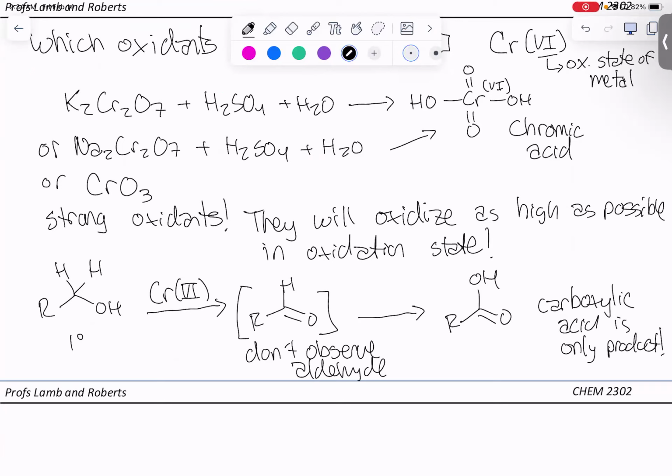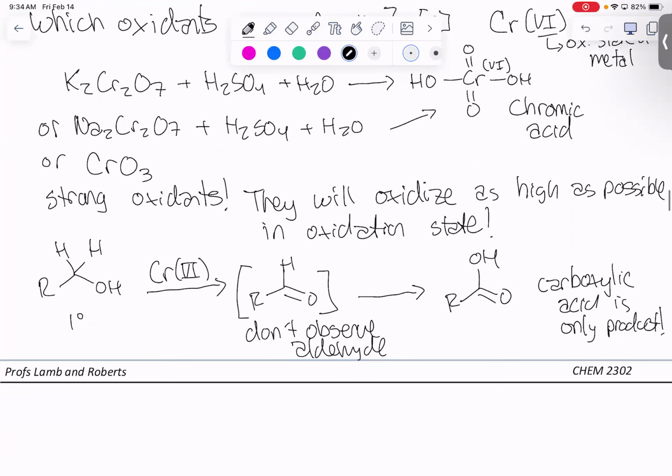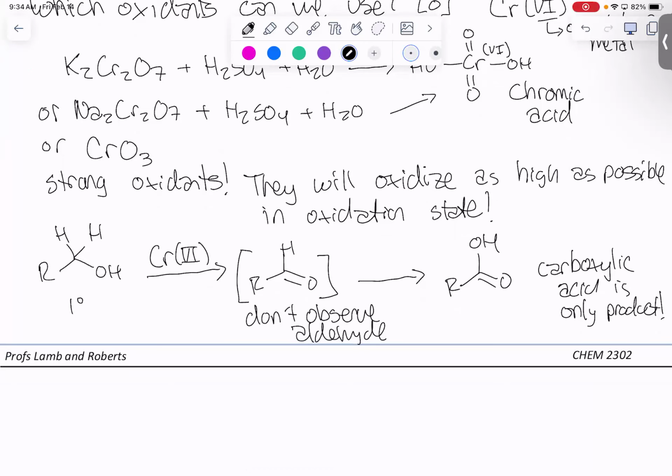Chemists are really good at figuring out how to get around things, so we develop a lot of new methods. These are great reagents. If you have an alcohol and you want a carboxylic acid, great, we can get there. Recall what this means is that we can't stop there.